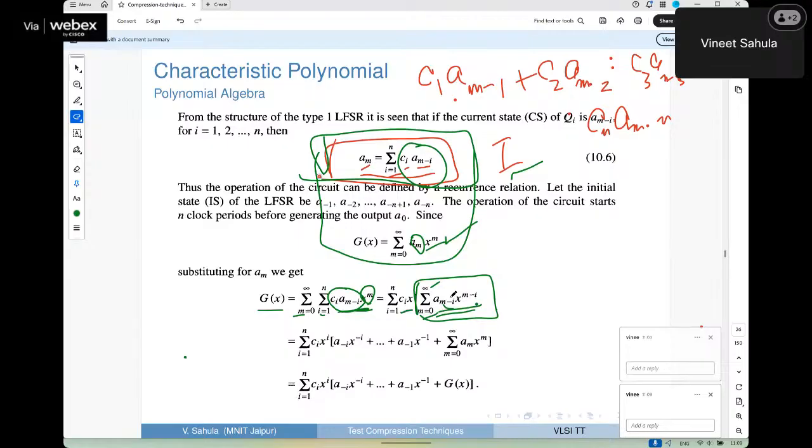If I open it up, right, from M0 to M, this will open up like this, or M minus 1, let us say. M here is 0 to infinity. I am taking M0 to M minus 1, and then next time M minus 1 to infinity.